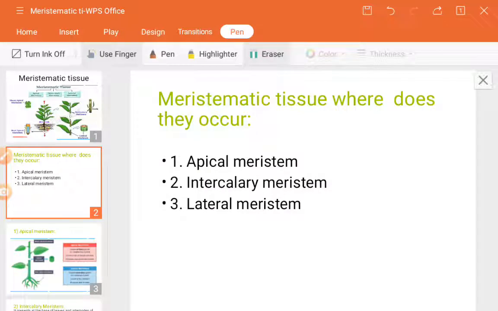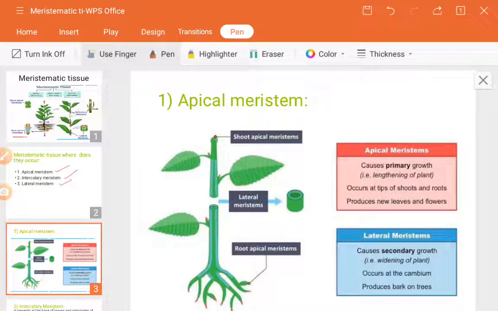The second slide is about the meristematic tissues, where they occur. The first one is this one, apical meristem, which is present at the tip, the second one is intercalary meristem, and the third one is lateral meristem. In the next slide there is an image about the apical meristem.